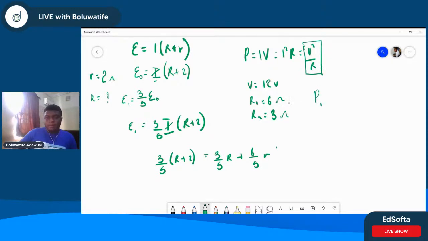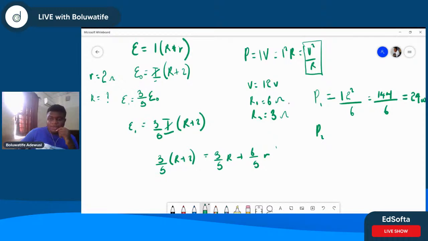Power across the 6 ohm will simply be V squared, 12 squared, over 6. That's 144 over 6. 6 into 14 is 2 remainder 2, and into 24 is 4. So it has 24 watts.